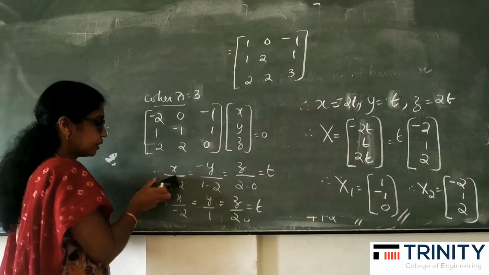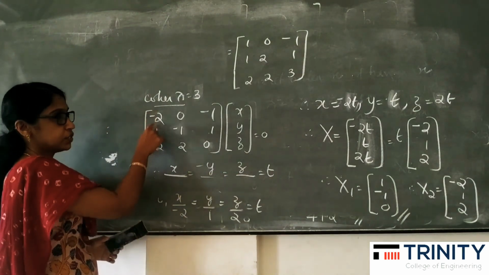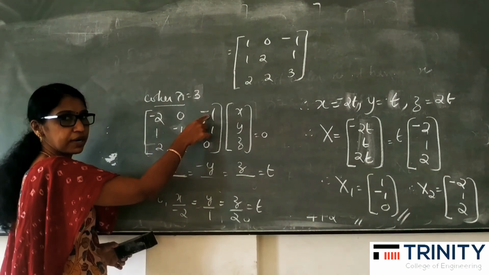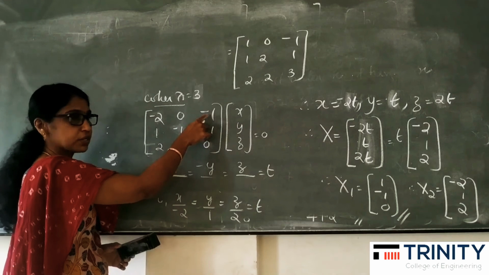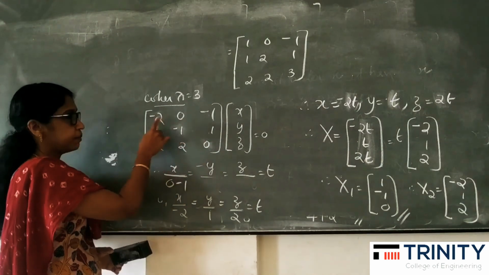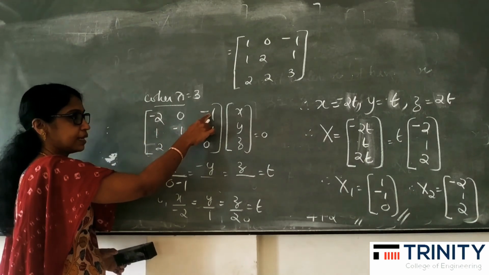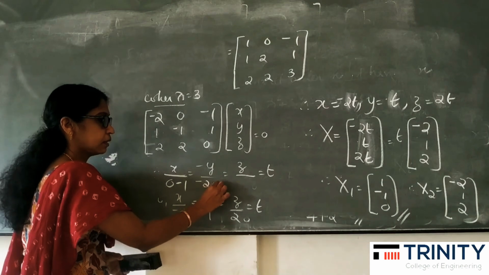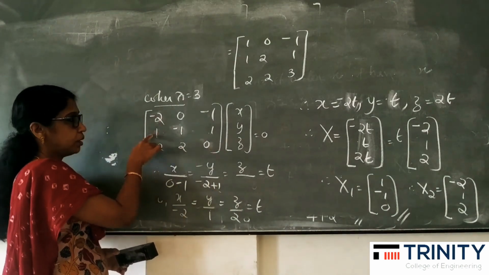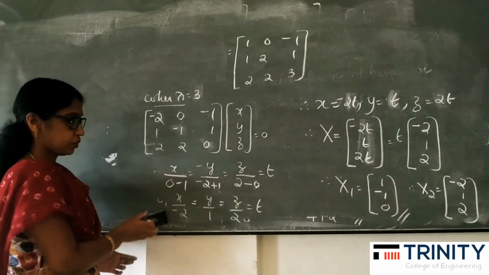Okay, so what do we get? x divided by the first 2 rows, so x divided by 0 minus 1. Minus 1 into minus 1 is plus 1. So 0 minus 1 equal to minus y by minus 2 plus 1, equal to z by 2 minus 0.